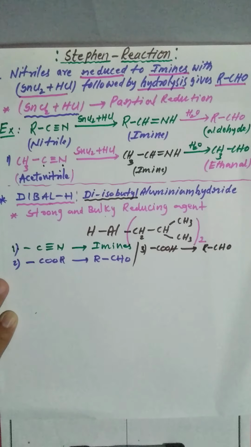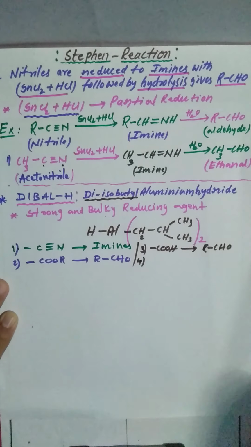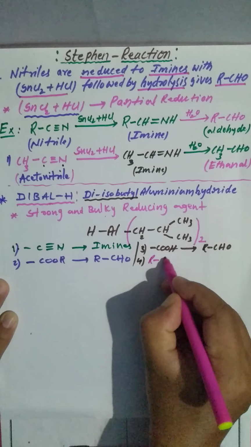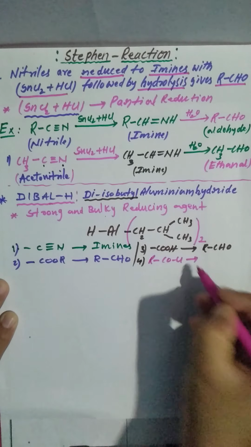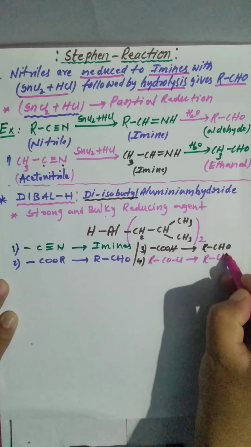First we have to learn what the reducing agent will do, which compound it will reduce. And the next one we have is acid chloride, or COCl, acetyl chloride. It is also reduced to aldehyde.